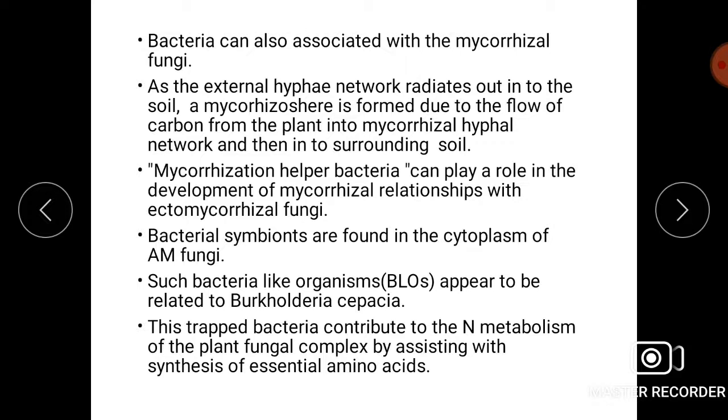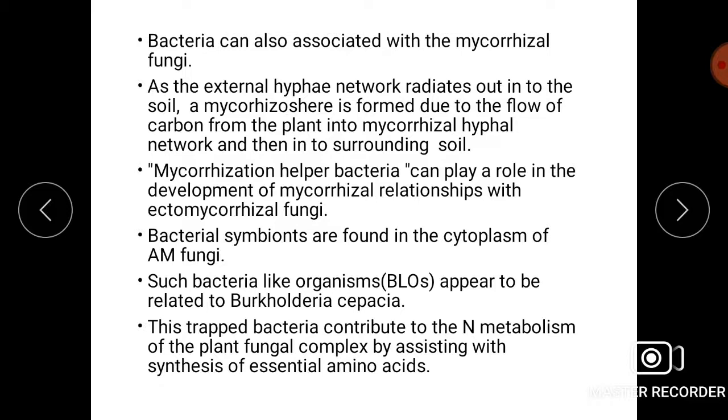Bacterial symbionts are found in the cytoplasm of arbuscular fungi, and such bacteria-like organisms appear to be related to Burkholderia cepacia.